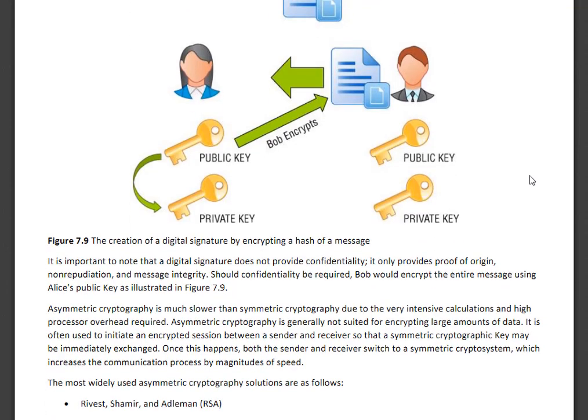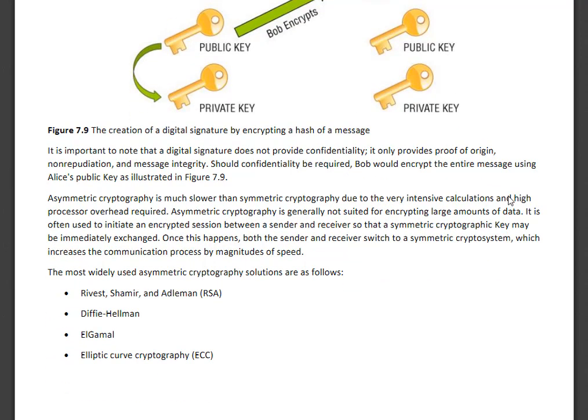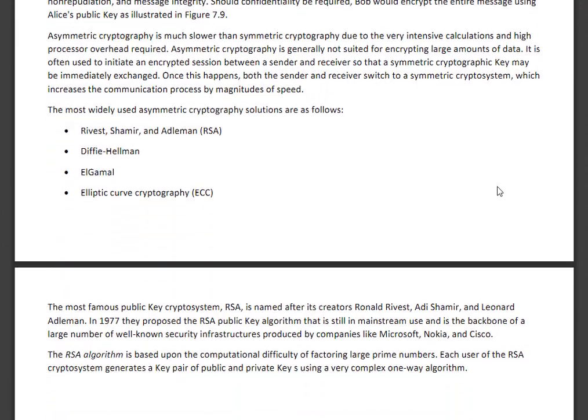Because of all these steps, asymmetrical encryption or asymmetrical cryptography is much slower than symmetrical, but it scales much easier. So some of the most widely used solutions are RSA, Diffie-Hellman, ElGamal, and elliptical curve cryptography or ECC.